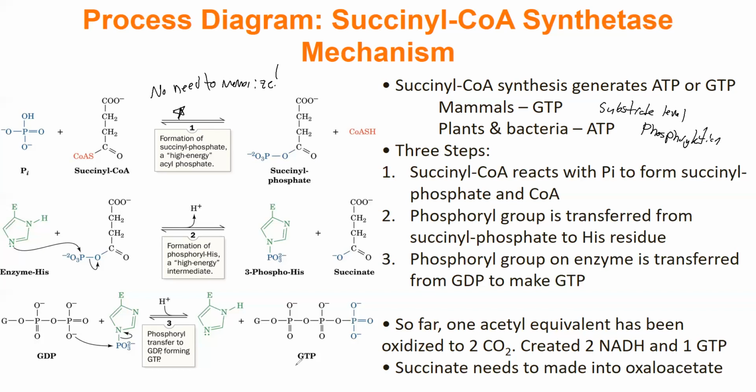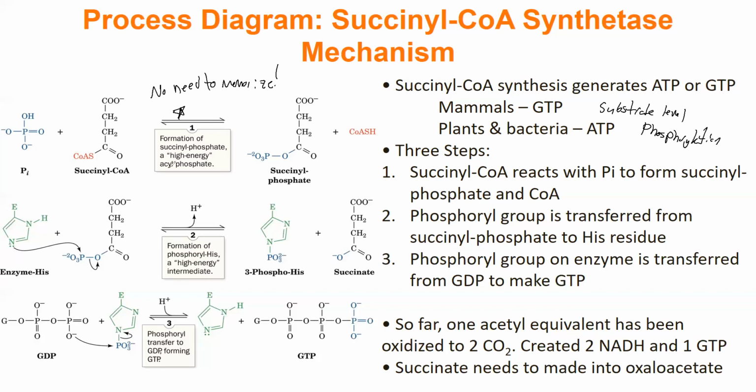But again, I talked about this on Thursday when we first talked about the cycle. This is just another form of energy currency. It's similar to the euro, where it's just used in different enzymes that ATP can't be used in. 3 steps to this. Again, for the sake of time, we will just skip that because I'm not going to have you memorize that.